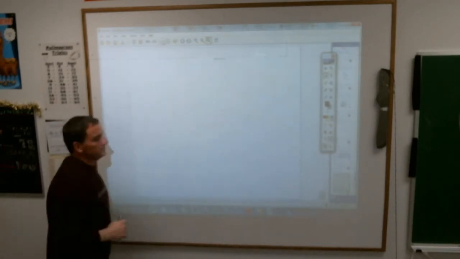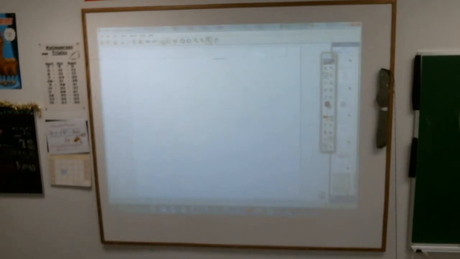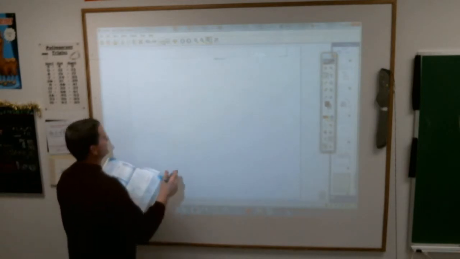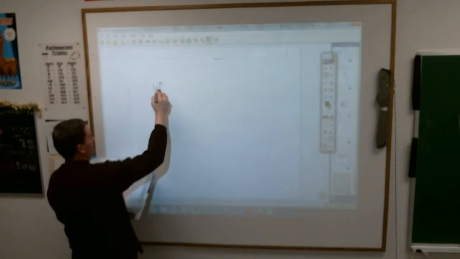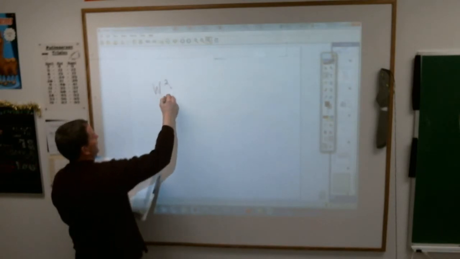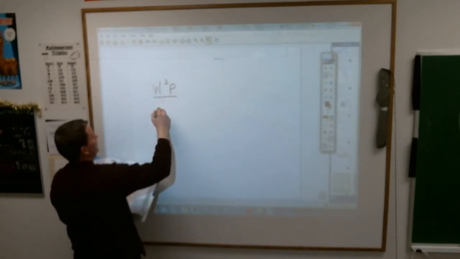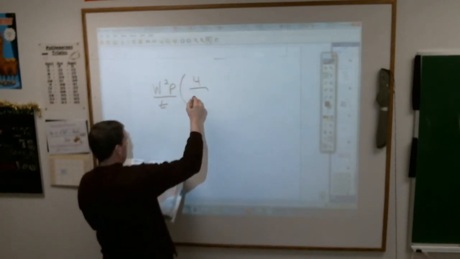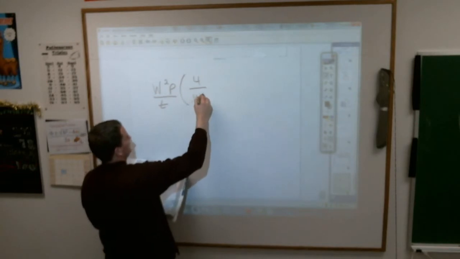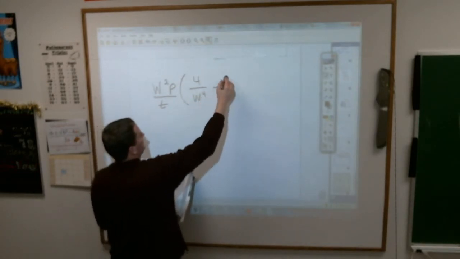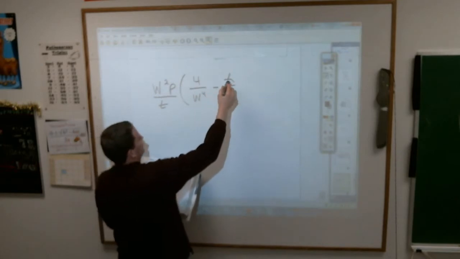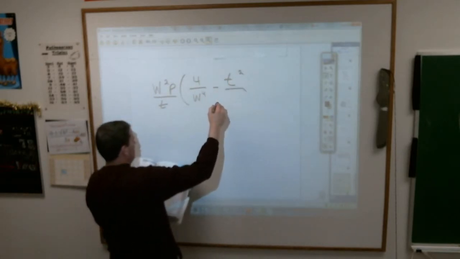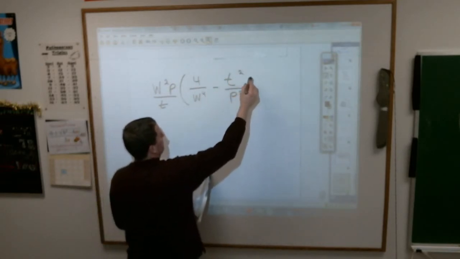Good point. Let me give you one and you try it. And that was probably the hardest one of all. I will actually make this problem number 12 of the book. And I'll see how many of you get the right answer. W squared p over t times 4 over w to the 4th minus t squared over p to the 5th.